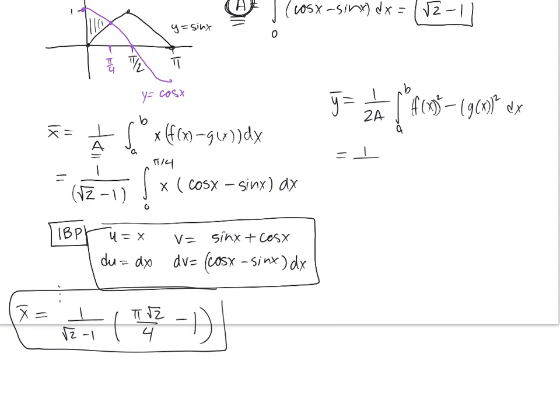So that's 1 over 2 times root 2 minus 1, integral 0 to pi quarters, cosine squared x minus sine squared x, right?